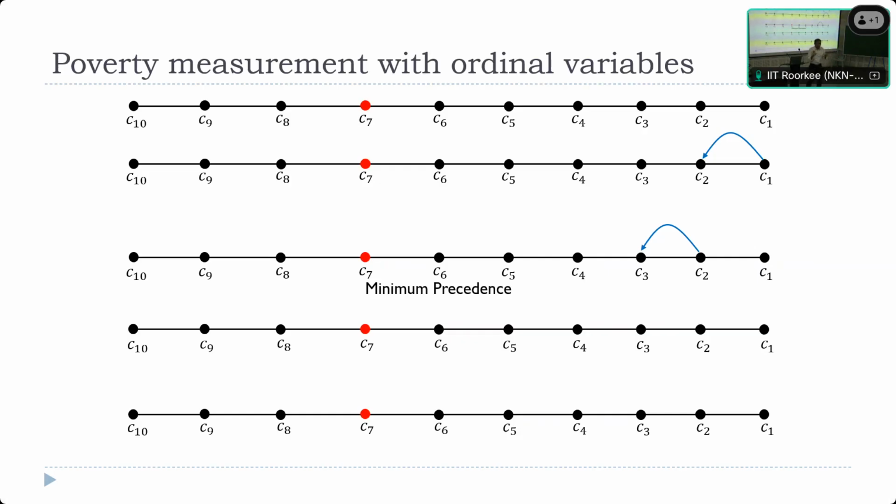Perfect. We all agree? What about this situation? You have an option of moving the poorest person one category, but the second poorest person two categories. Which one would you prefer to have a larger reduction in poverty?